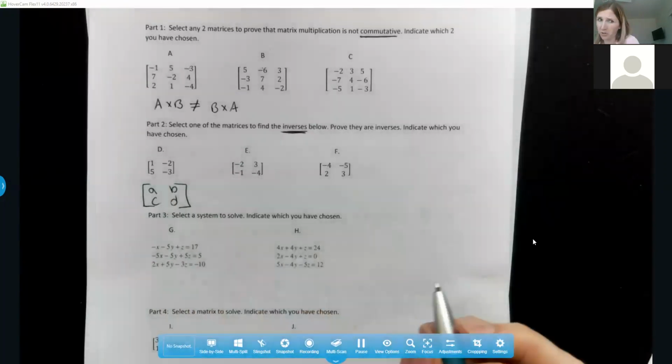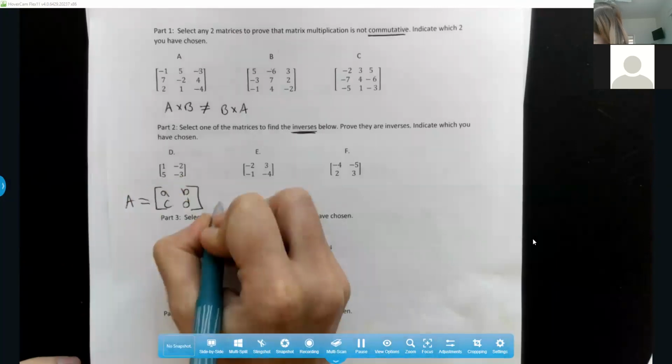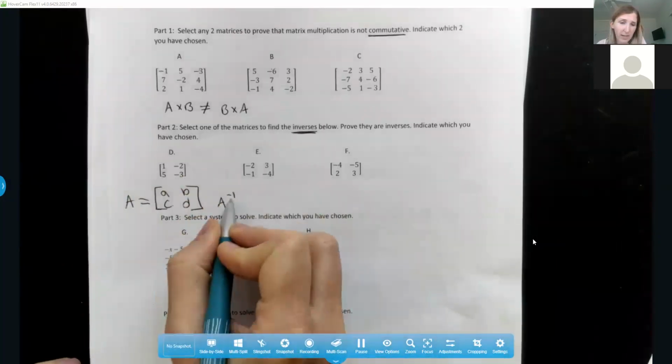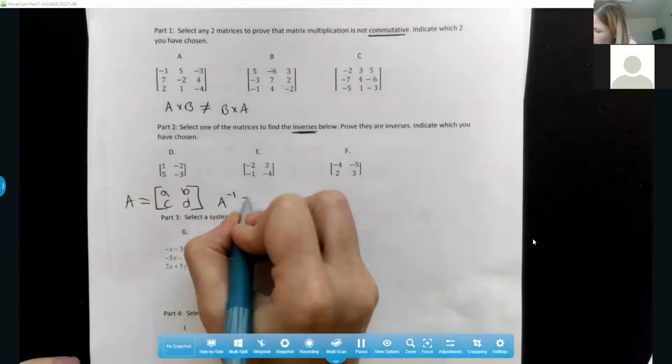So let's say this was matrix A. The inverse of matrix A, which we designate with a -1 exponent like that, there's a formula for it.